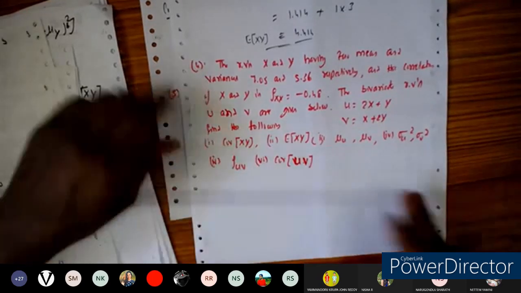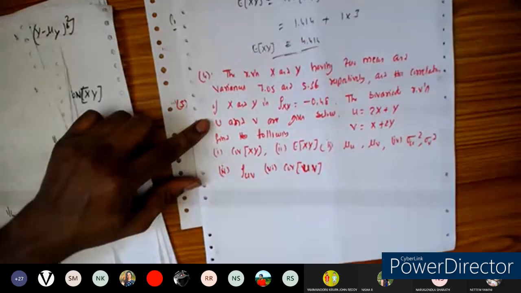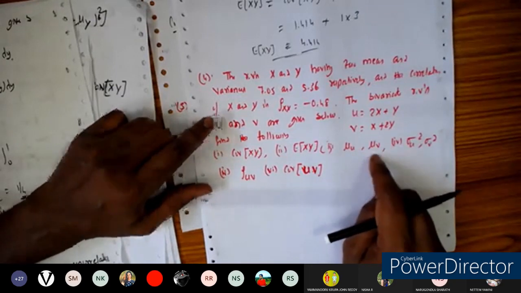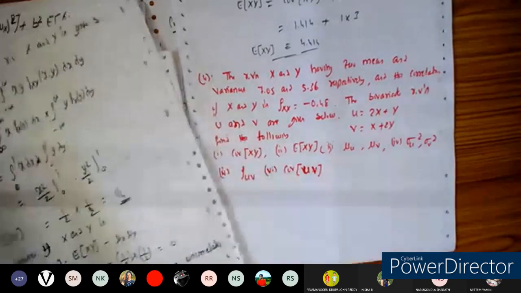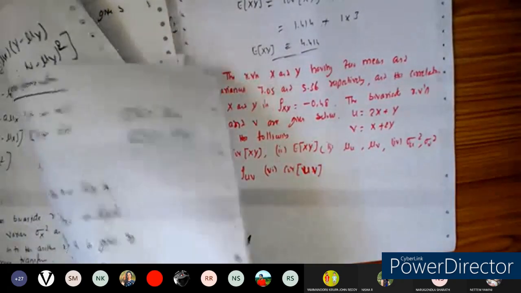So you know how to find the covariance and the expected value of XY here. For mu U and mu V, obviously this will be equal to 0. We have come across these formulas. The formulas for covariance, mean, and variance we have already seen. Let me take that sheet.